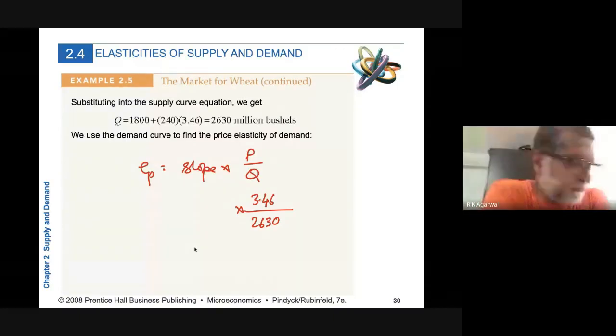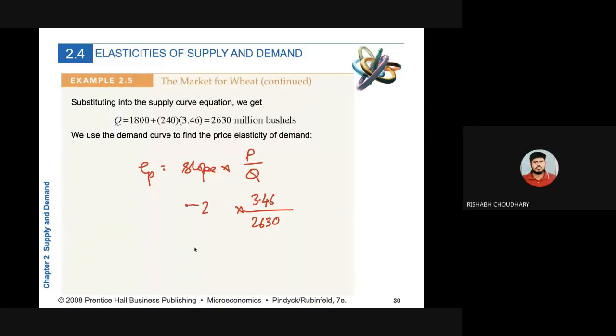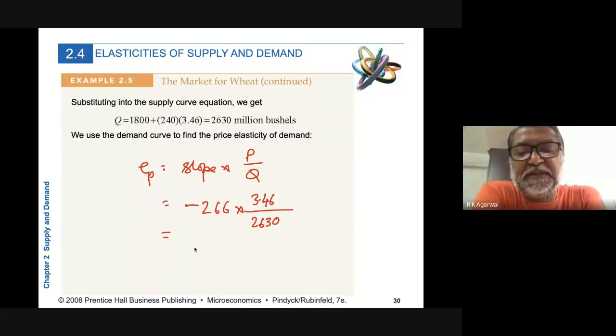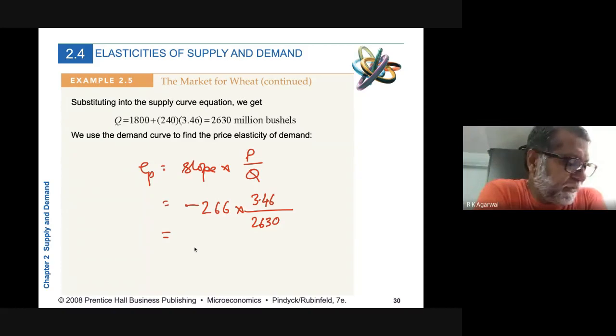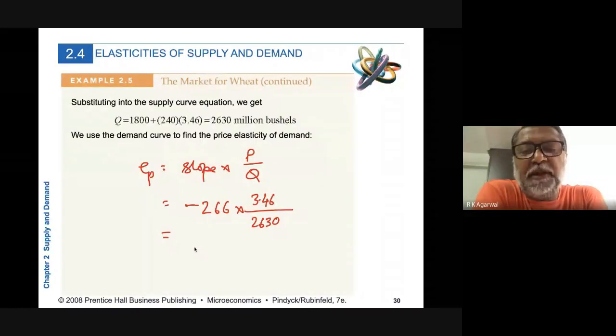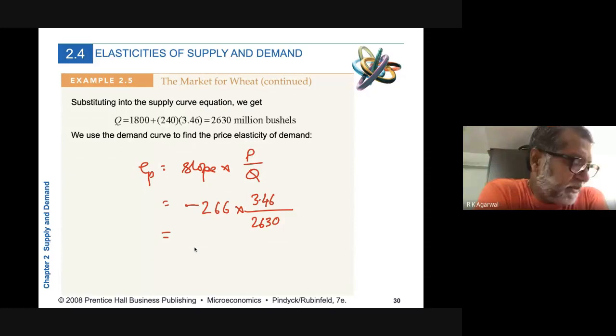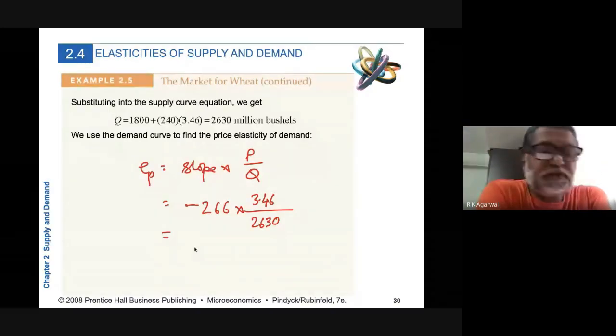Minus 266 is the slope of the demand curve. So minus 266 into price 3.46 divided by the total quantity demanded at that price. Not supplied, but demanded at that price. So that is 2630.